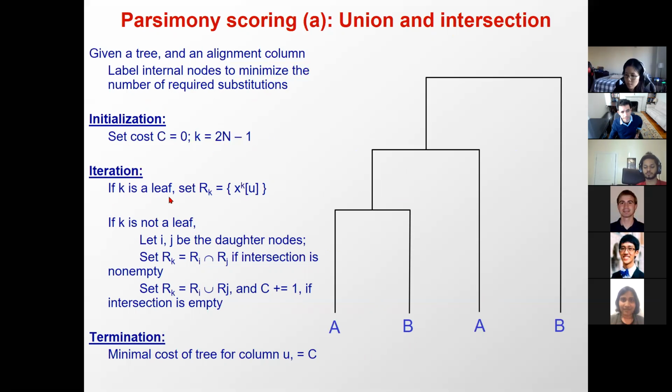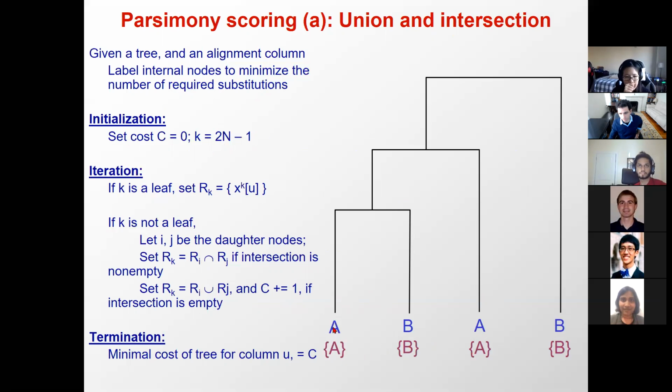If k is a leaf, then we set the state of this to be the union of all characters at that leaf, okay? So for every leaf, we have a set which contains only one character. And now we're just going to do this union intersection decision.